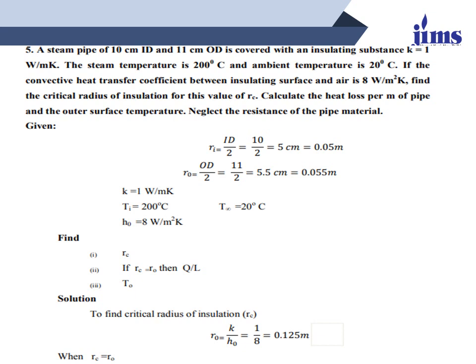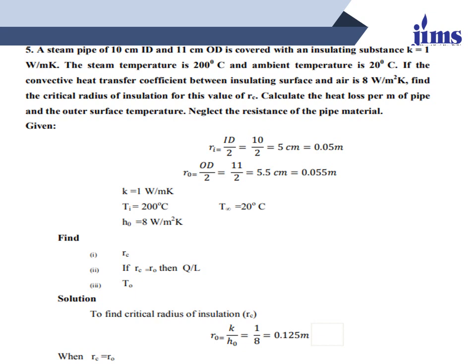the pipe material. So in this problem, there are two diameters, inner diameter and outer diameter, that is 10 centimeter and 11 centimeter. So the inner radius is inner diameter divided by 2, that is 10 by 2 is equal to 5 centimeter or 0.05 meter.